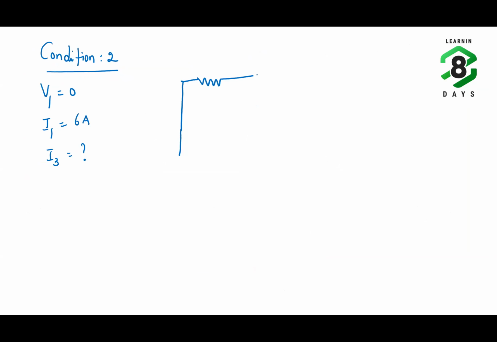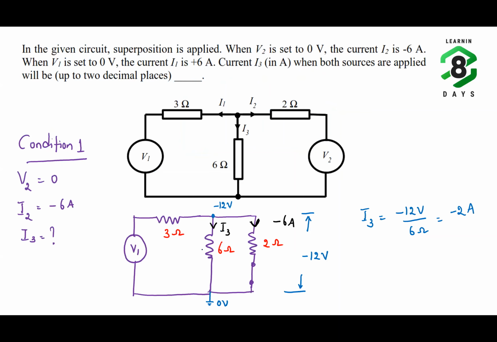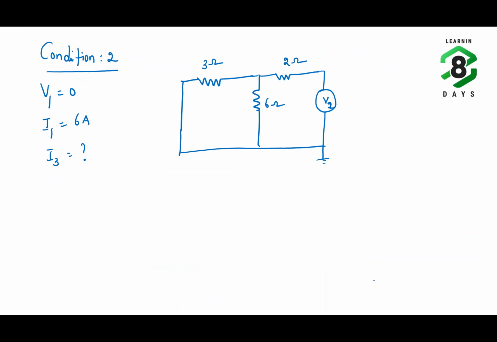So this is 3 ohm, this is 6 ohm, and this is 2 ohm, and this is V2. Now the values are 3, 6, and 2 ohms. I hope I've copied correctly. Yeah, 3, 6, 2, and this I1 is 6 ampere and we need to compute I3.